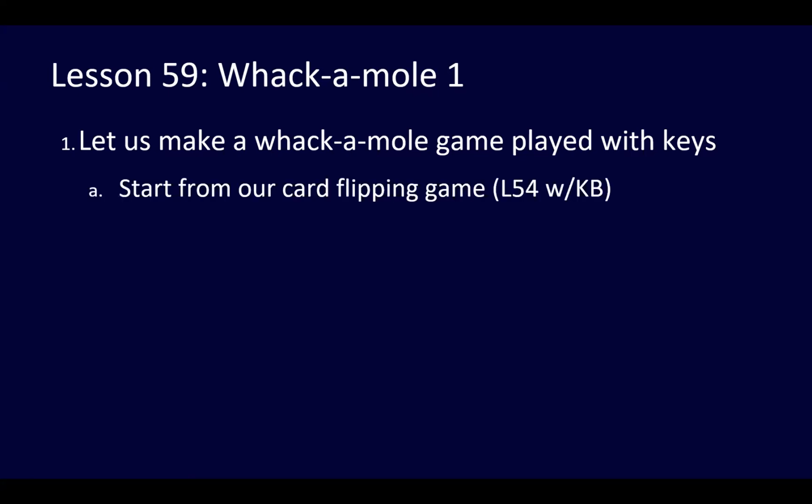So where shall we start? We start from our card flipping game, which was previously made in lesson 54, I guess. The one we were dealing with was the card flipping game with mouse, so we go back to the keyboard version.